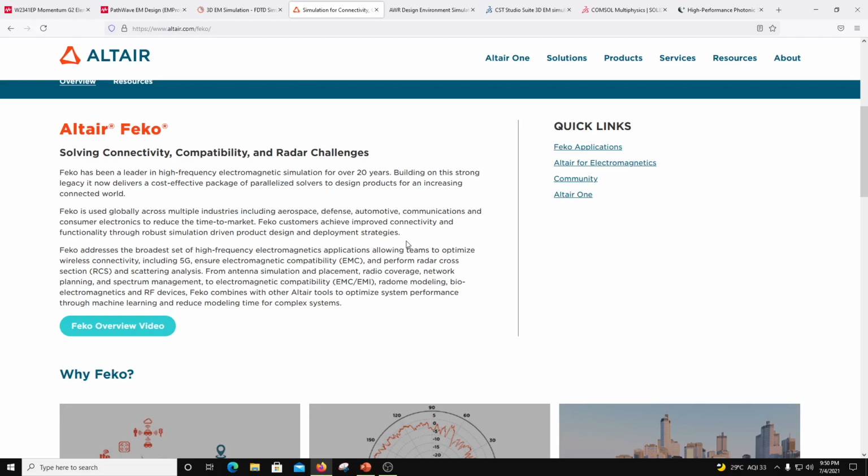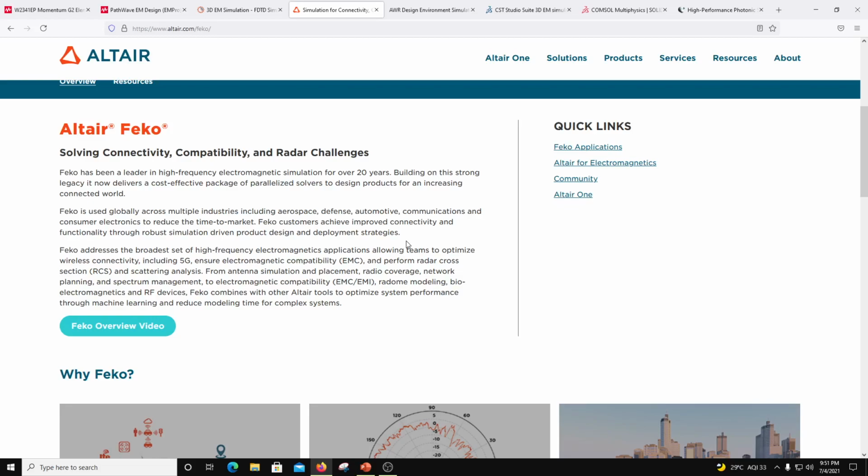These are all asymptotic techniques. Or you use the uniform theory of diffraction, or UTD, the physical theory of diffraction, which is called PTD, and the general theory of diffraction, which is GTD, right? So PO, GO, PTD, UTD, GTD, all these are available in Feko.